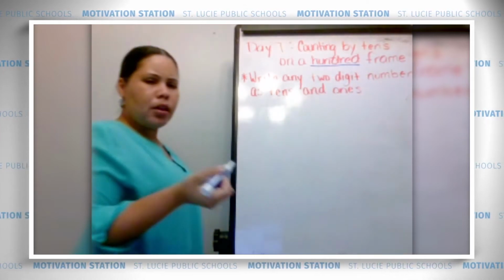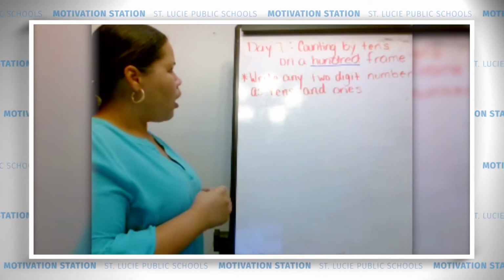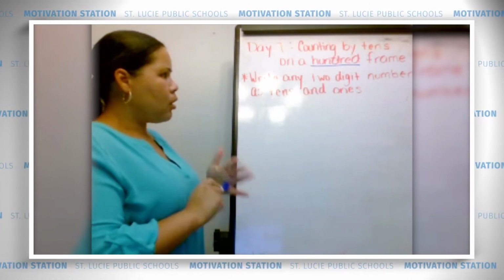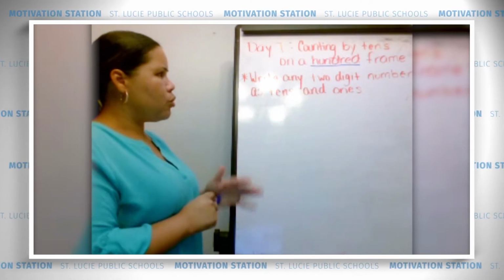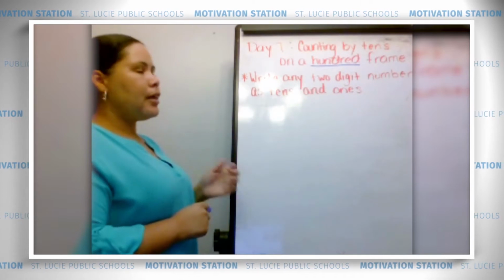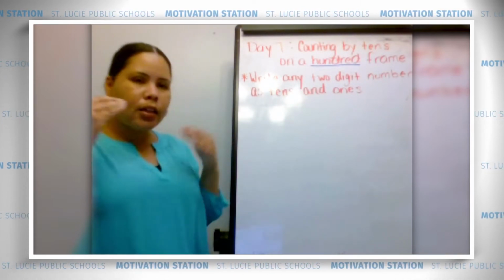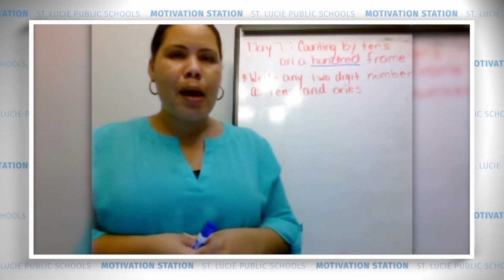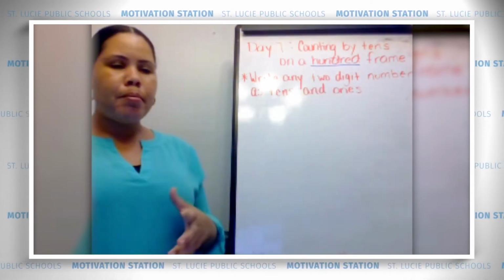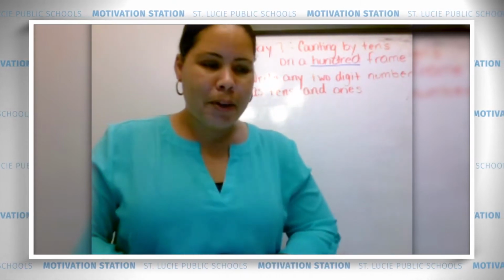We've been talking about 10 frames so far in our camp. 100 frame. Okay, let's keep going. We are going to write any 2-digit number as tens and ones. So I hope you're starting to get those brains going and thinking about what are tens and ones, what could a 100 frame be, and knowing that you're going to be writing out some numbers.